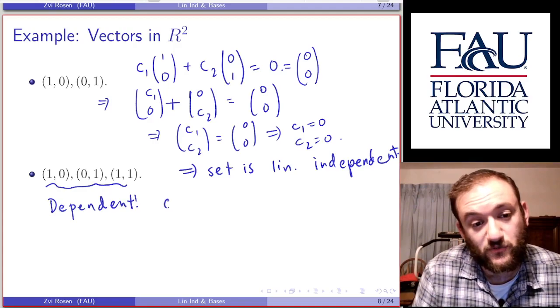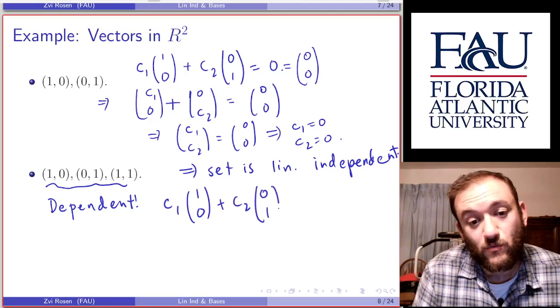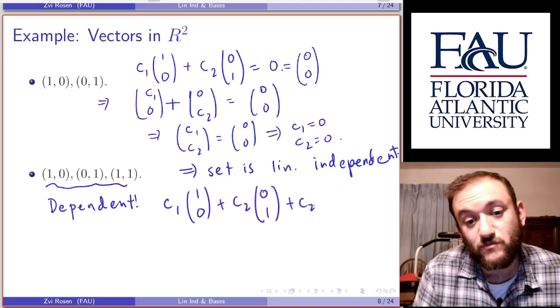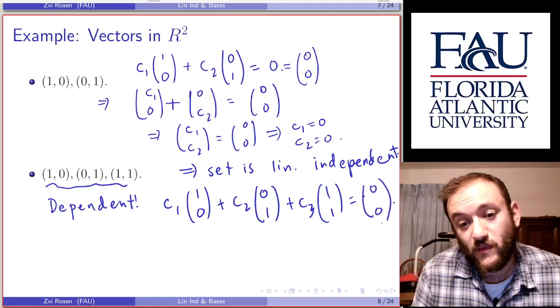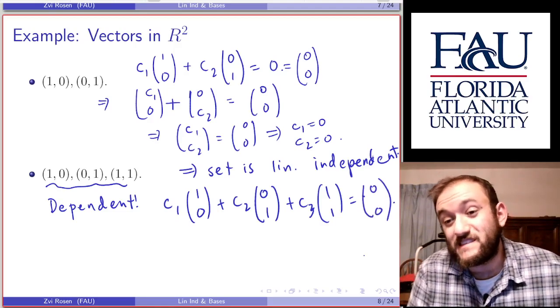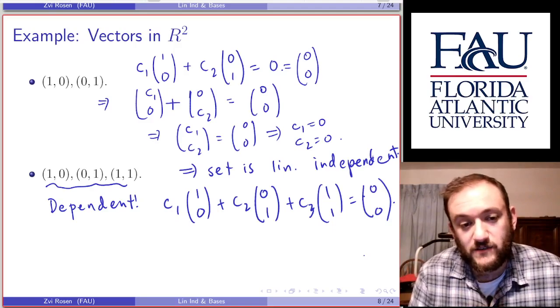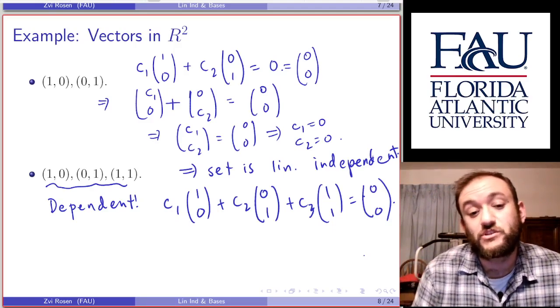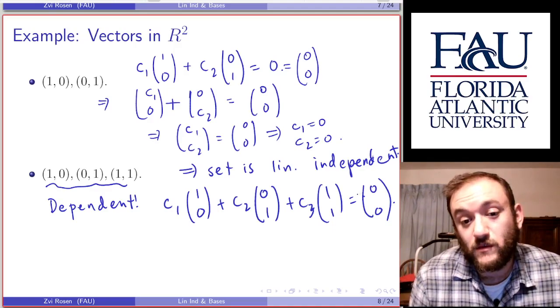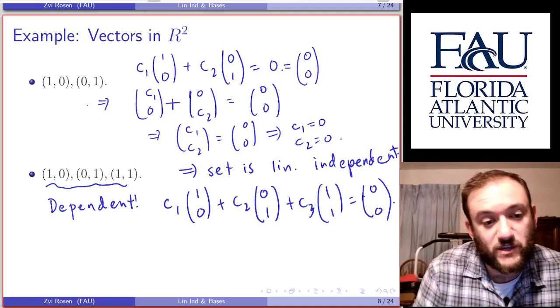Okay, and we're going to prove it by taking c1 (1, 0) plus c2 (0, 1) plus c3 (1, 1). This should be equal to (0, 0). And in order to prove that this is dependent, we need to find c1, c2, and c3 that are not all 0, which satisfy this equation.